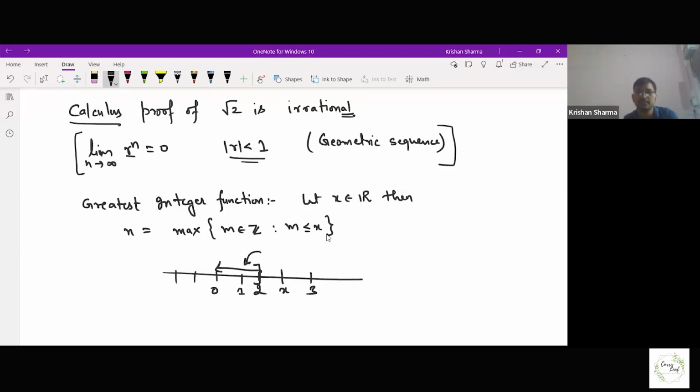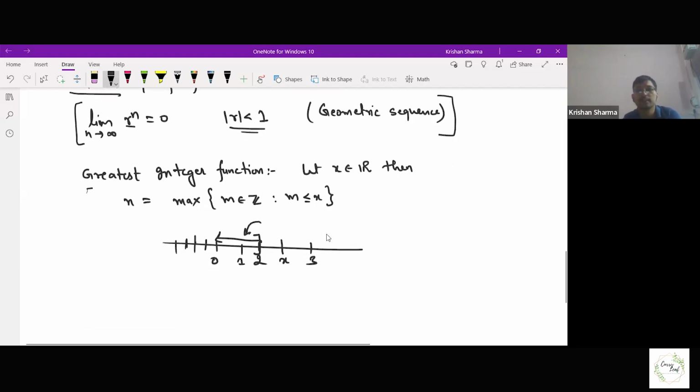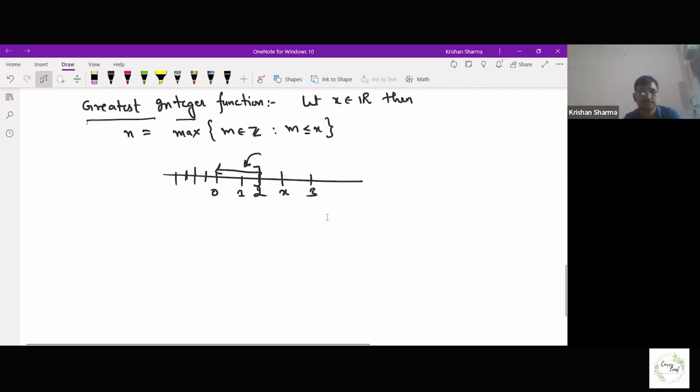If you go by this definition, you will not face a problem in finding the greatest integer value of negative numbers. And that's why we call it the greatest integer function, because it is the greatest among those integers which are less than x.